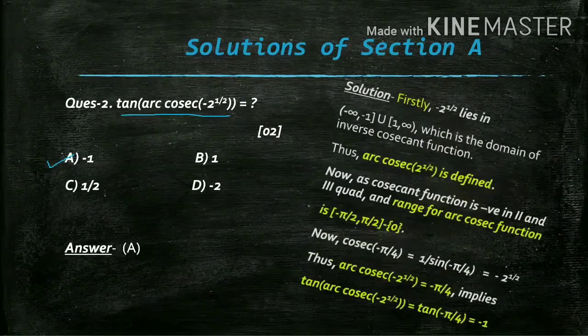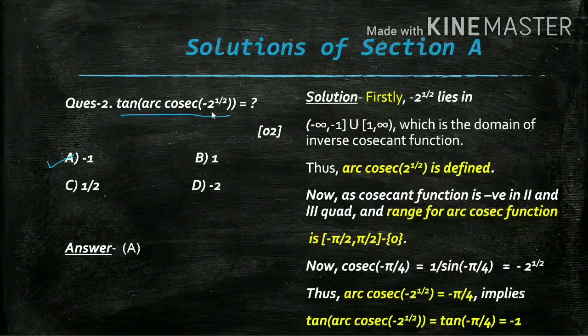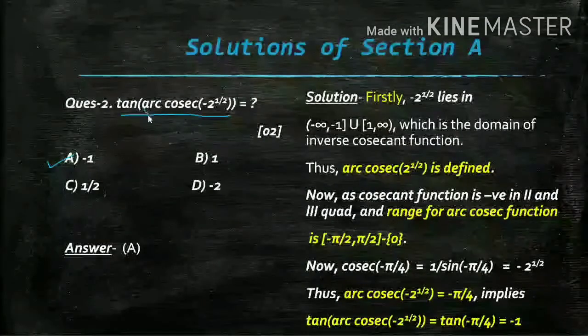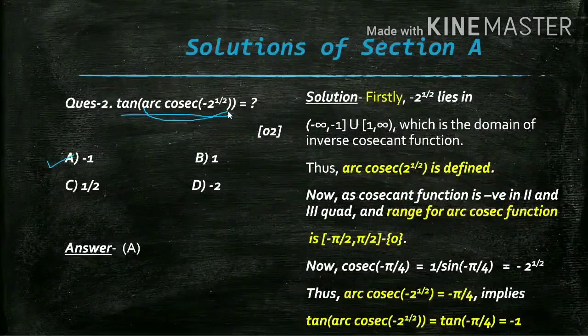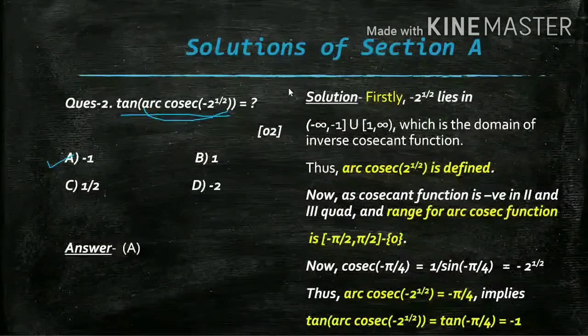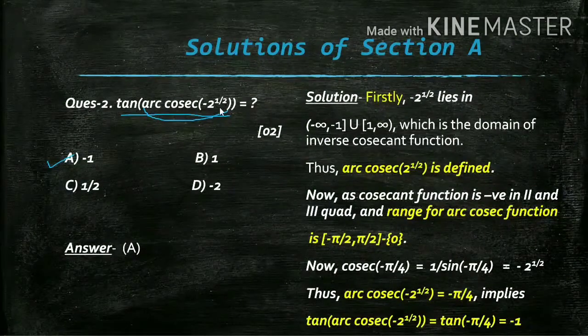Well, basically what you need to do, as I always tell you, here also you have this arc cosec, meaning the cosec inverse of minus root 2. So first you need to show whether it is defined or not. So firstly, it must lie in the domain.